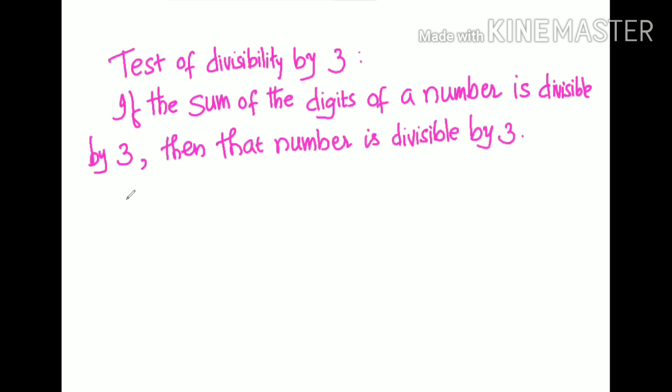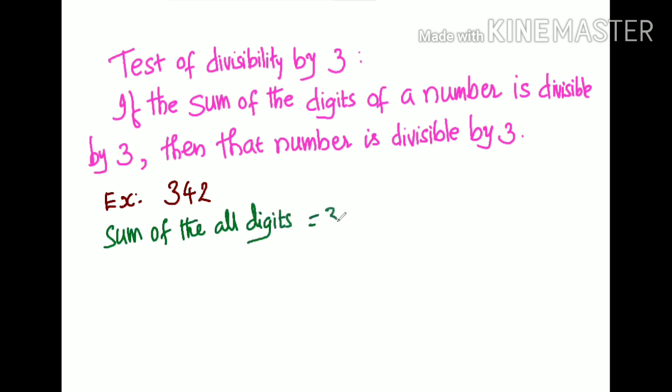So let us take an example and verify. 342 without actual division. Let us check this number whether it is divisible by 3 or not. Now add all the digits in this number, sum of the digits is equal to 3 plus 4 plus 2.